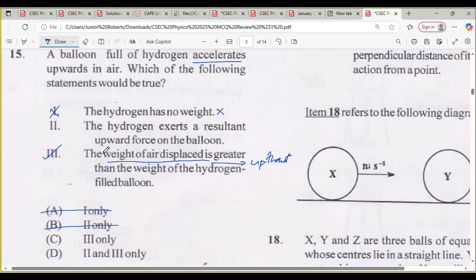Now, if we really take a close look at that statement, what this is saying is that the hydrogen is applying an upward force on the balloon. Now, why would you say that? For the person who said that this was true, why would you say that?